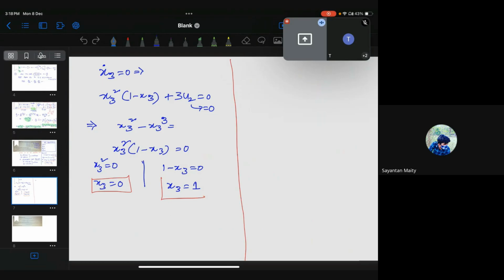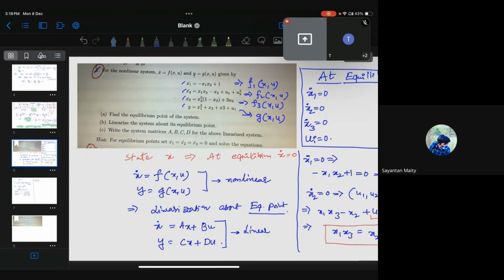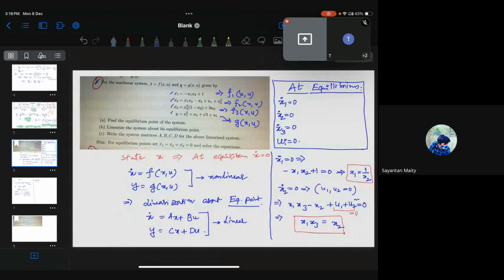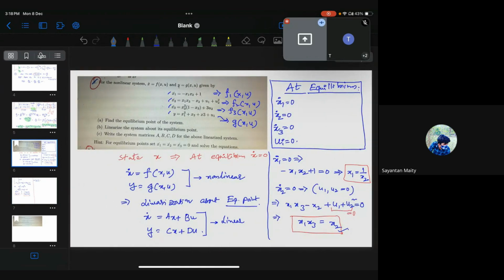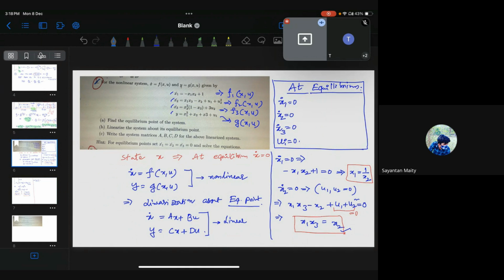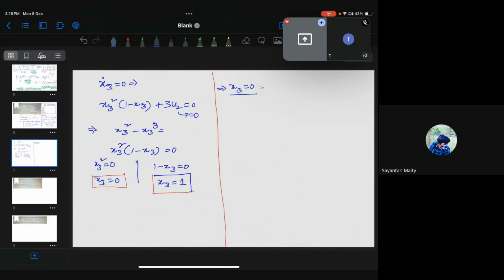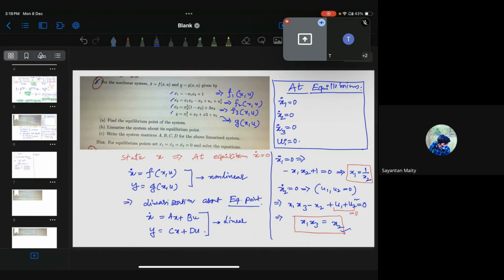Let's start with x3 as 0. First case: when you take x3 as 0, we can calculate x2 first. x2 also becomes 0 from this equation.